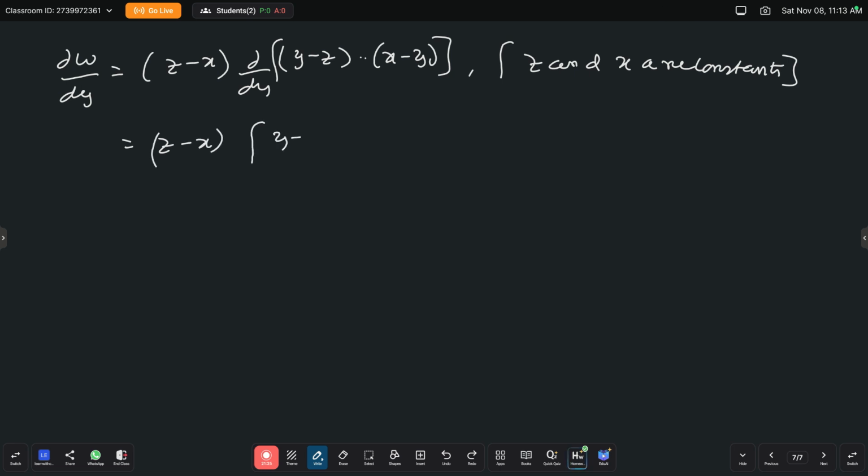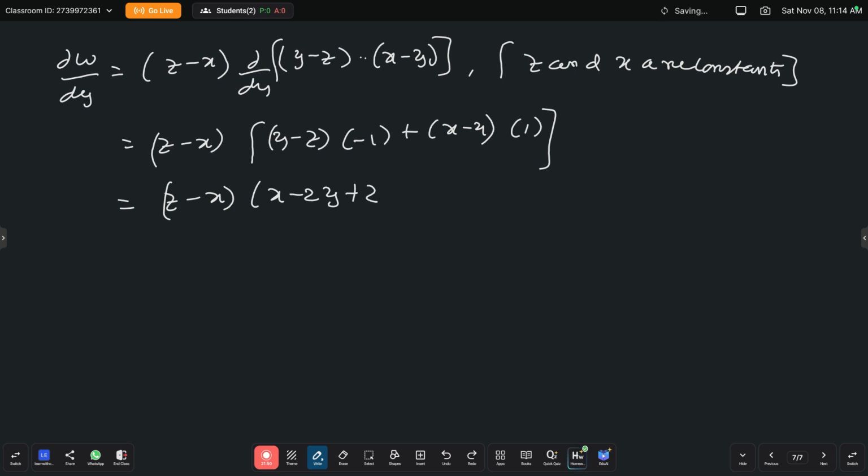The value is (y minus z) into ∂/∂y of (x minus y), which is minus 1, plus (x minus y) into ∂/∂y of y, which is 1; the remaining constant is 0. So the value is (z minus x) into (x minus 2y plus z). Now simplify: ∂w/∂y is equal to z square minus x square minus 2y into (z minus x). So that is equation 2.